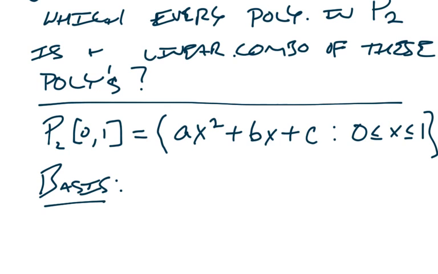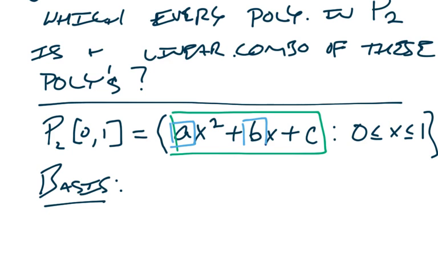So, here is my idea for a basis. In viewing the polynomials of degree 2 or less in this sort of standard way, what we're really saying is that we have this thing written as a linear combination already. All right, so the coefficients in this linear combination are the coefficients a, b, and c.